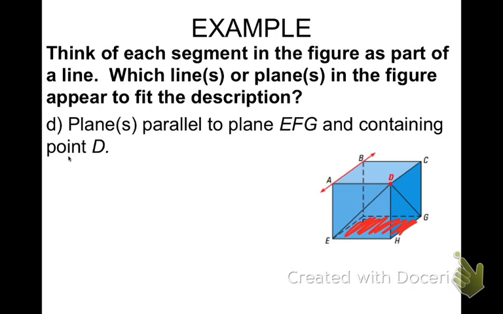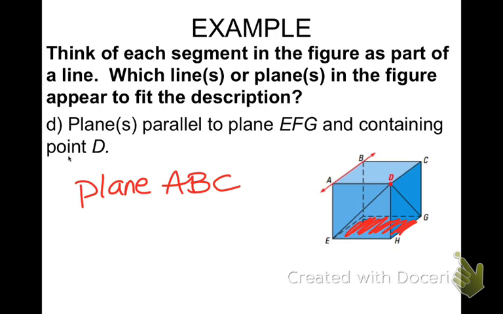The top, right? So we could say plane ABC, that would work. Remember, we use 3 points to name a plane, so we have 4 points in that plane, so any combination of 3. It could have also said plane ADC or plane BCD would have also worked.